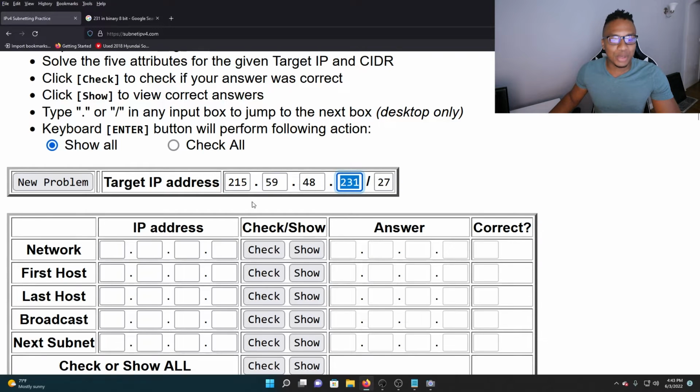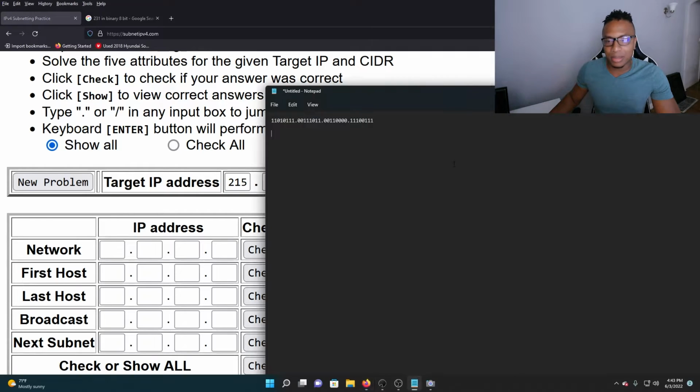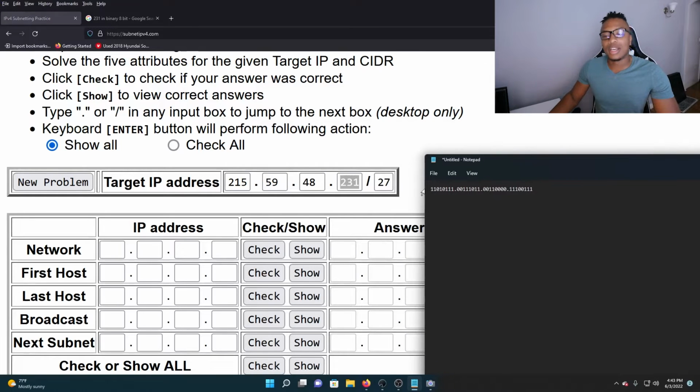So here we have the IP address in binary. Now I'm going to show you a trick. Essentially, how you do this from the start is you have to match the subnet mask. So you have to write down the subnet mask, which is 24, 25, 26, 27 ones, and the rest is zeros.